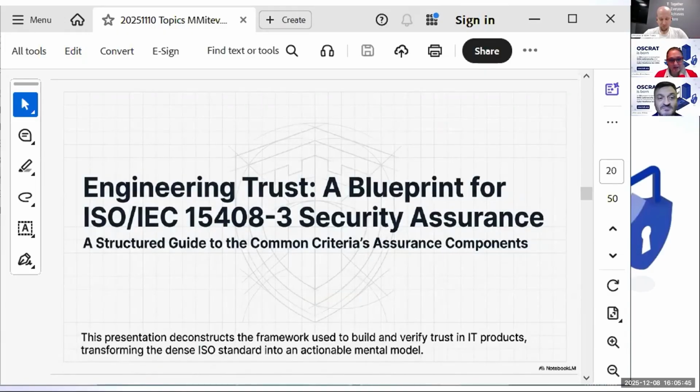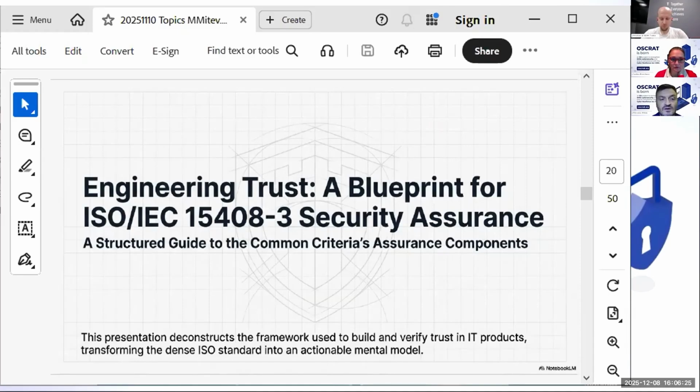Thank you for your explanation and deep understanding of the process for preparing and complying with CRA requirements. Now we will explore how trust is created in modern IT products. The ISO IEC 15408 series of standards, also known as the Common Criteria, gives us a structured way to check if a product is designed and implemented securely.